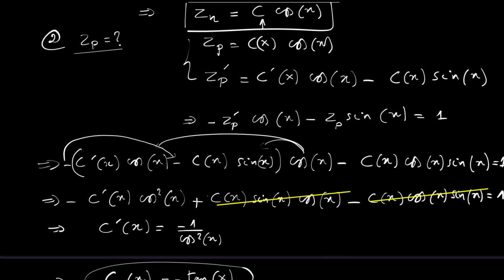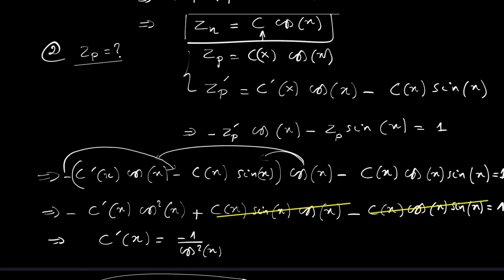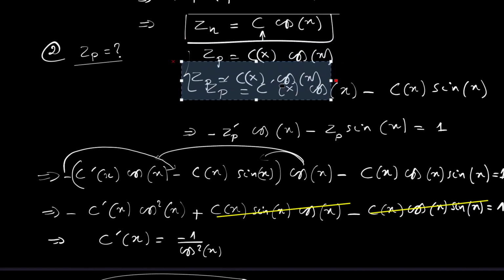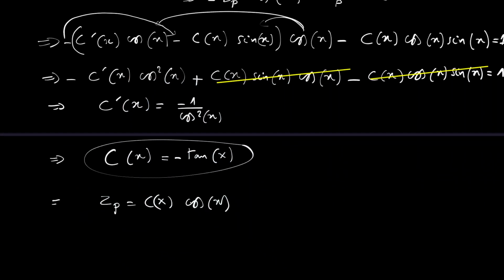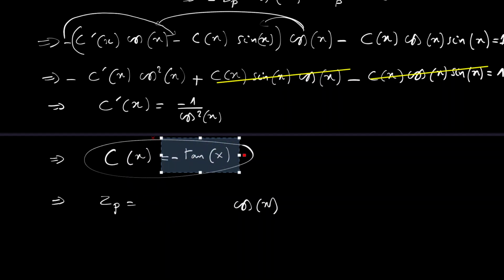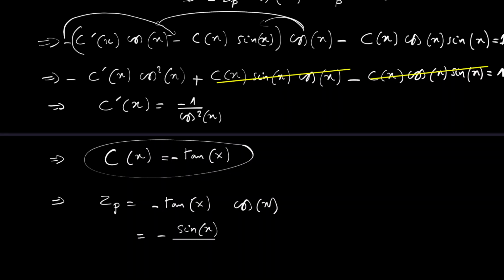I return to our particular solution and we write minus tangent of x instead of c of x, which is minus sine x over cosine of x times cosine of x.